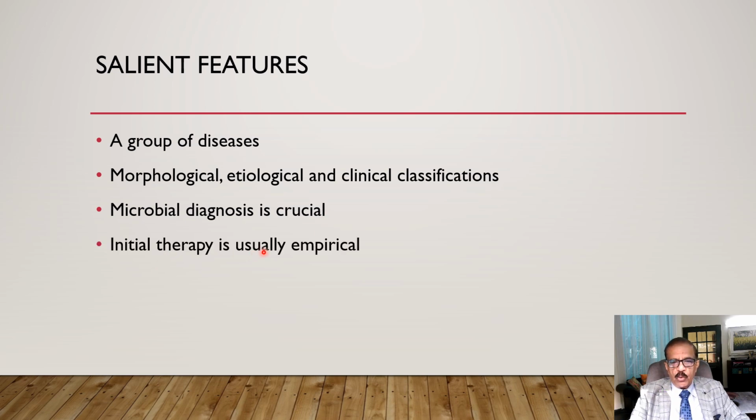Initial therapy is usually empirical, because patients with pneumonia have dry cough and high fever as presenting symptoms. The classical sample for isolation of bacteria is sputum, and patients usually do not expectorate phlegm in the initial few days. So at that time, based on the clinical settings and the radiological appearance, we try to make a diagnosis and we start empirical therapy. At that stage, blood culture is also possible.